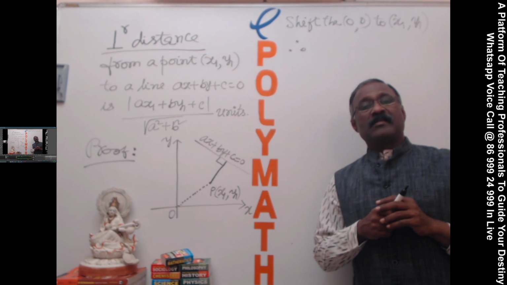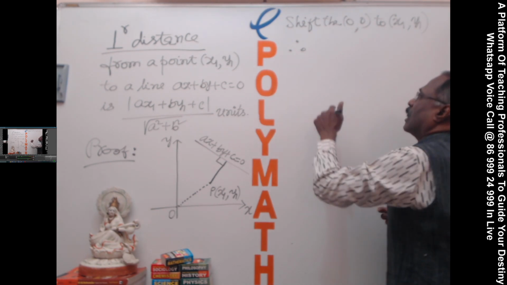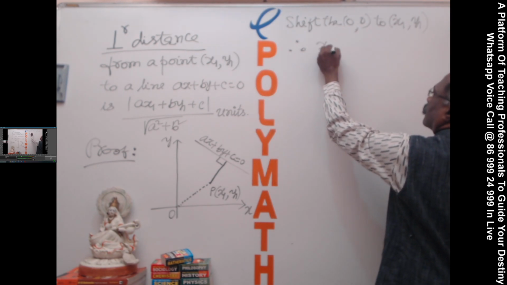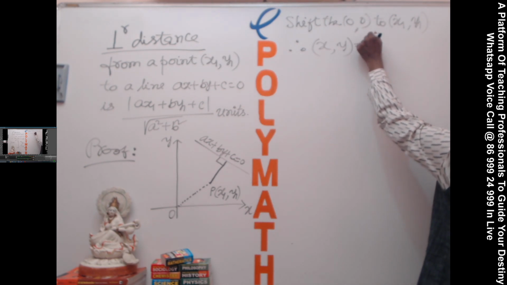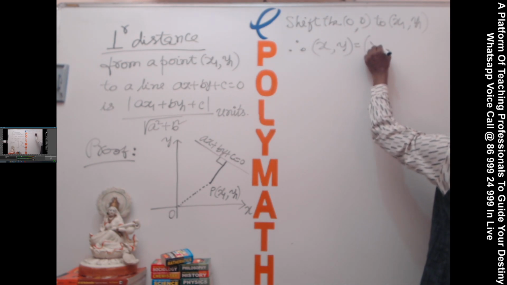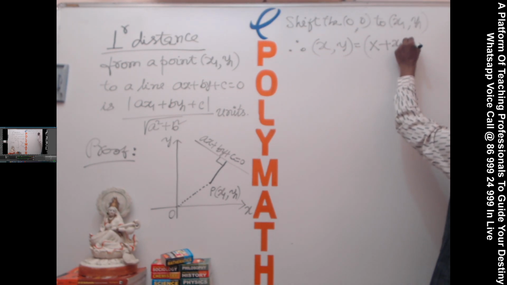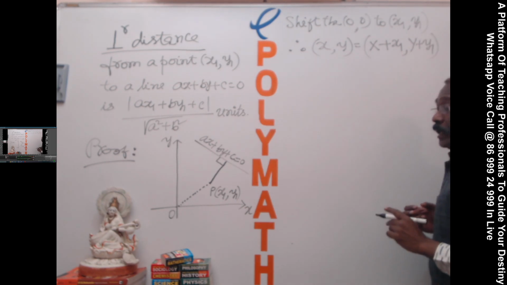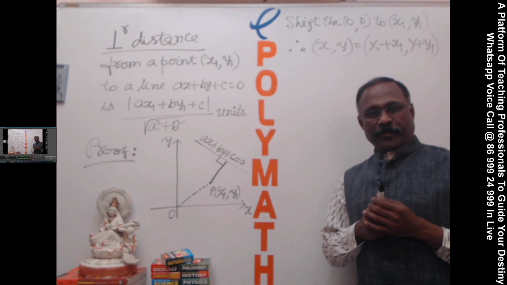Original point is nothing but small x, comma small y, is equal to new point plus new origin. I derived this in my previous videos.